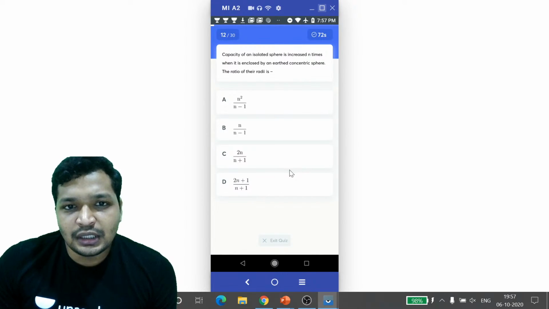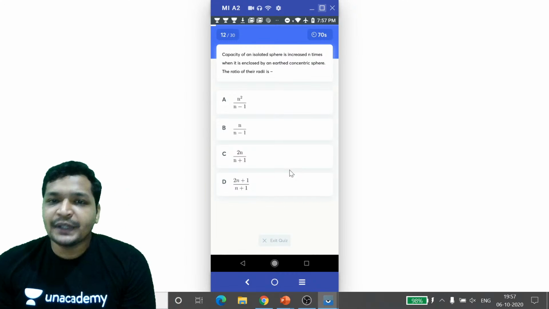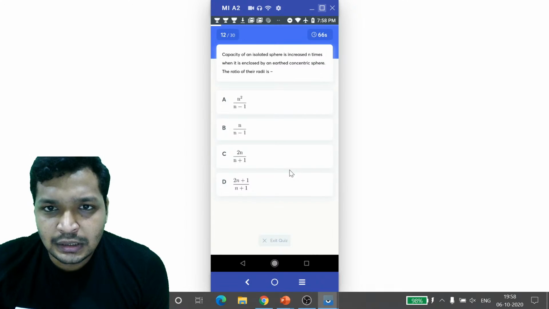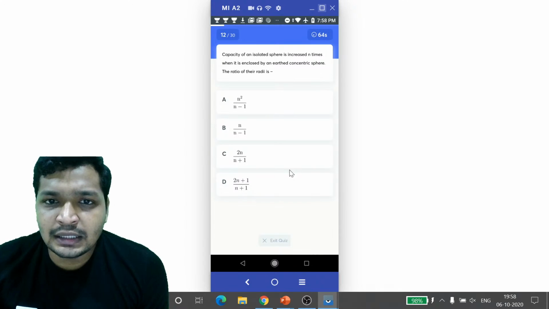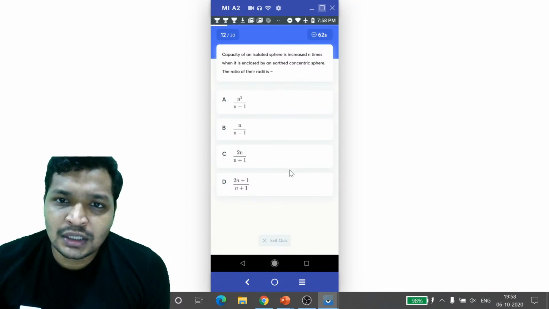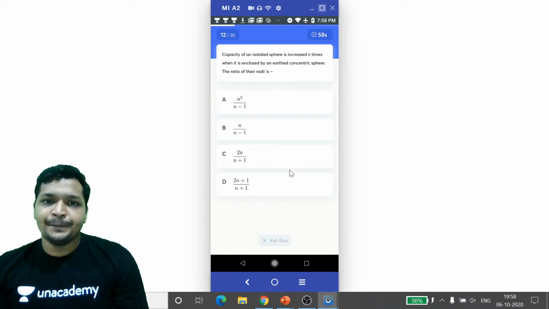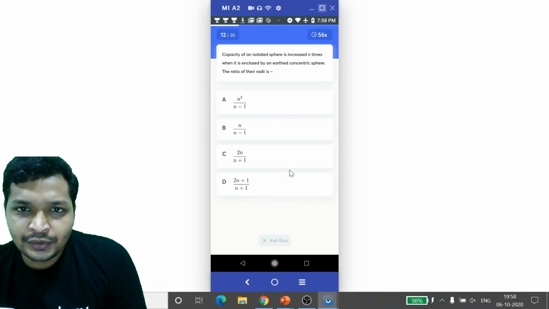So the capacity of an isolated sphere is being asked, and it is increased n times when it is enclosed by an Earth concentric sphere. Earth concentric sphere, inside or outside?